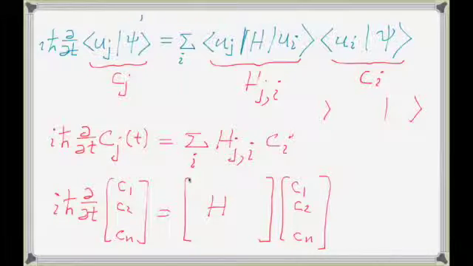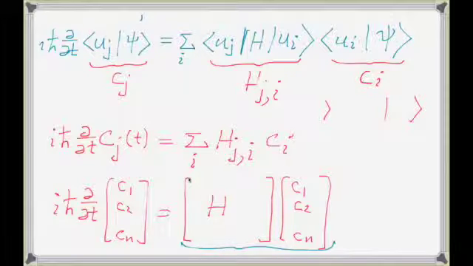And now I have this matrix equation that I can stick into MATLAB. This is the procedure of how you convert the differential equation that you've always dealt with into a matrix vector equation. You choose a basis set, you take the matrix elements, and you create this n by n matrix for your Hamiltonian. We aren't worried about time dependence. All we're going to focus on is the right-hand side of the equation, H c, and calculating the eigenvectors.